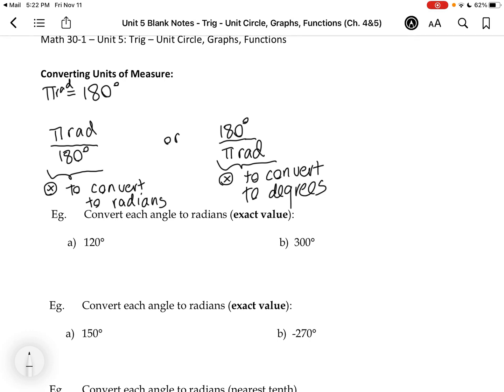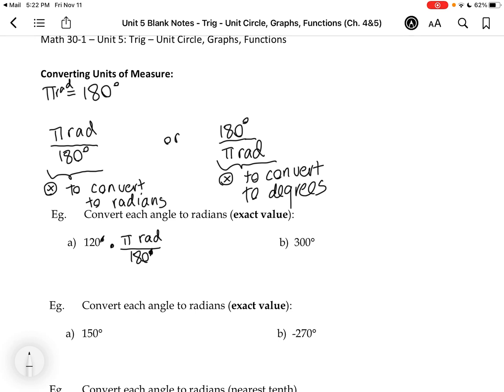Okay, let's look at what this looks like. If we have 120 degrees, for example, and we want to convert that into radians, we want our degrees to cancel. So I'm going to multiply by the conversion factor that has degrees in the denominator: pi radians over 180 degrees. Now the degrees cancel.